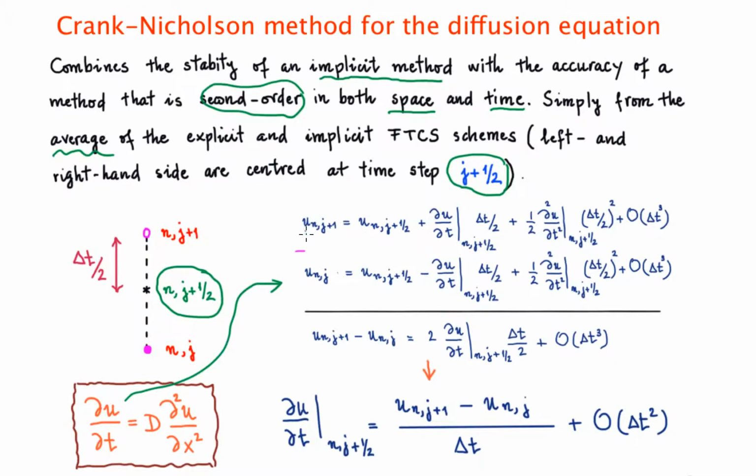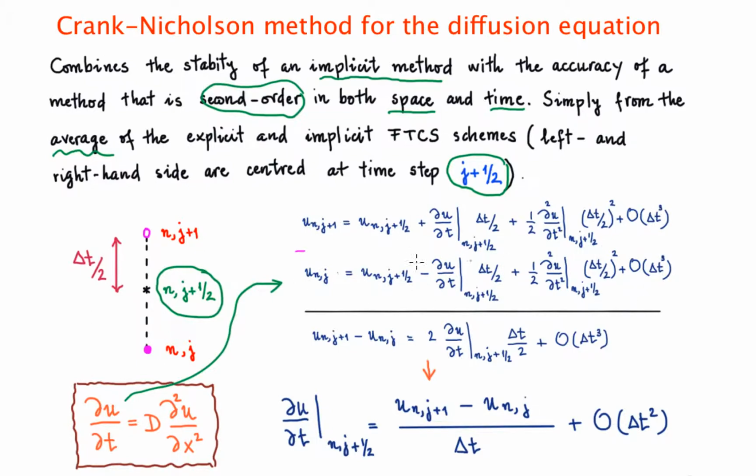Here you can see that the approximation of the u function evaluated at this point is going to be the u function evaluated at that intermediate point, plus the partial derivative of u with respect to time evaluated at this intermediate point times the time step from here to here, which is delta t over 2, plus 1/2 the second order partial derivative of u with respect to time evaluated at this intermediate time times the square of delta t over 2, plus the next order, which is going to be delta t to the 3rd power.